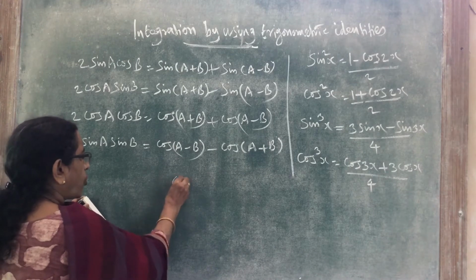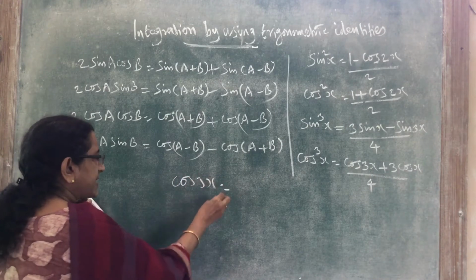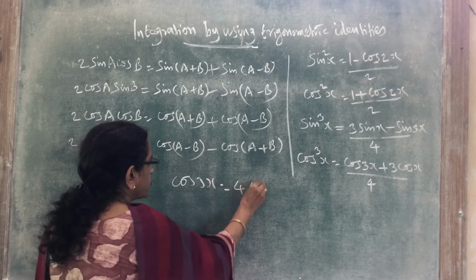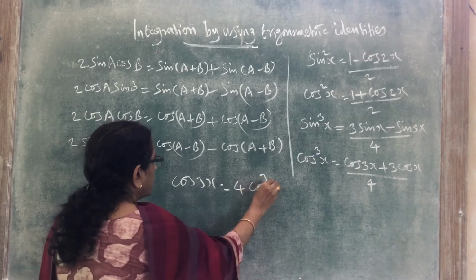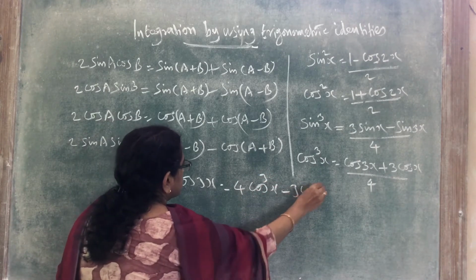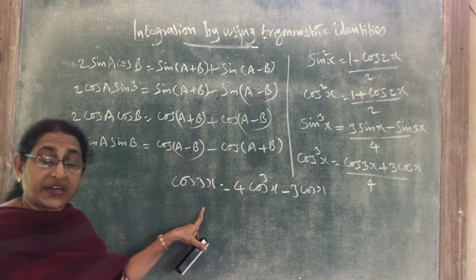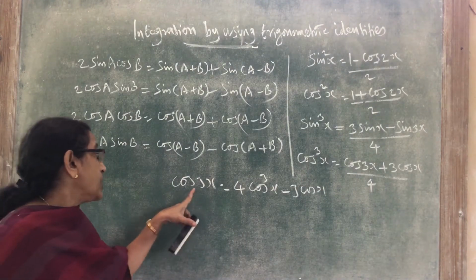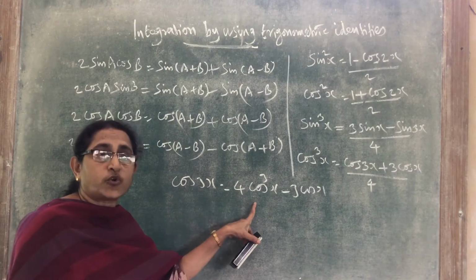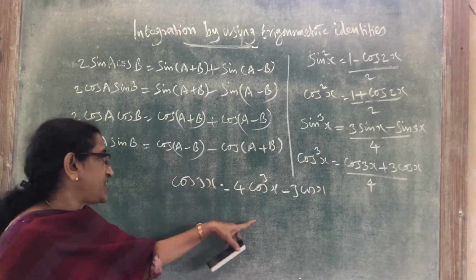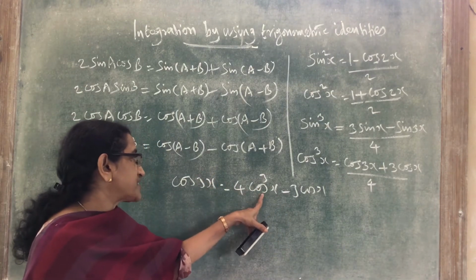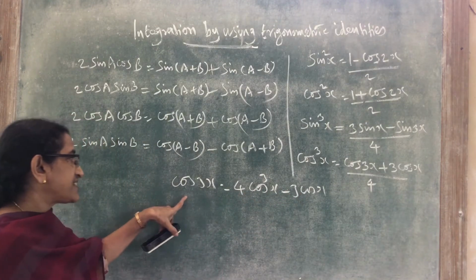Then what is the formula for cos 3x? Cos 3x equal to 4 cos cube x minus 3 cos x. We have studied this in 11th standard. From this, take the minus 3 cos x to this side.